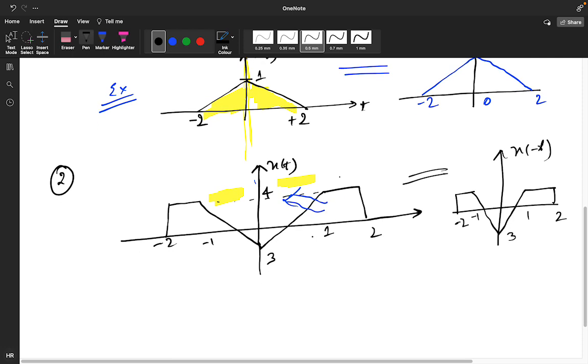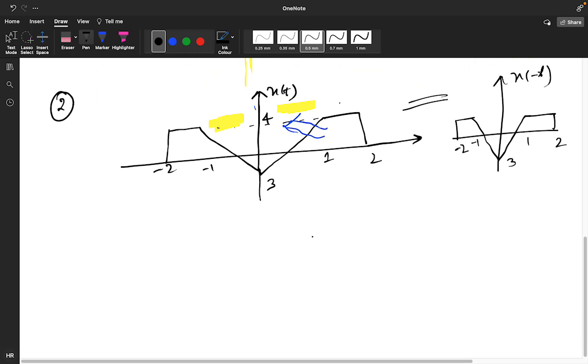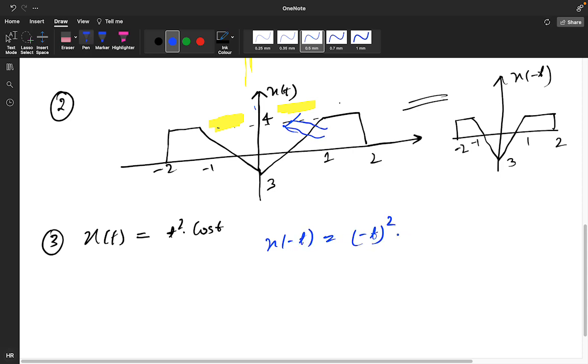What about a constant term? Or write another example, the third. Can anyone comment on this? X of t is equal to t square cos of t. What do you have to do to check whether this is an even signal or not? Put t as minus t: minus t the whole square, cos of minus t.